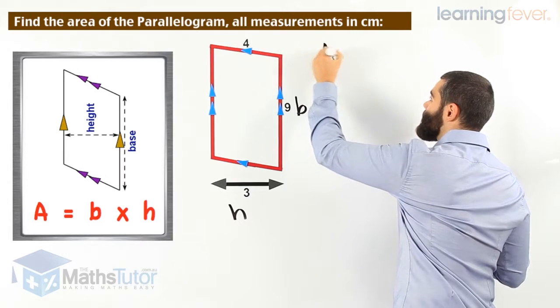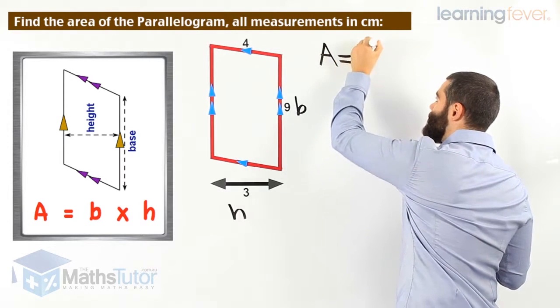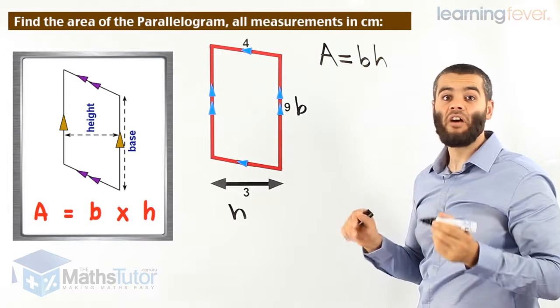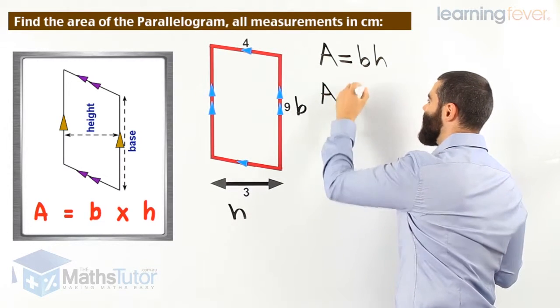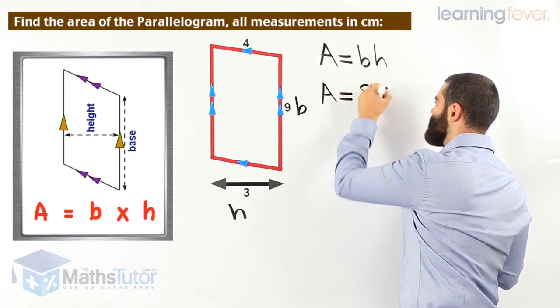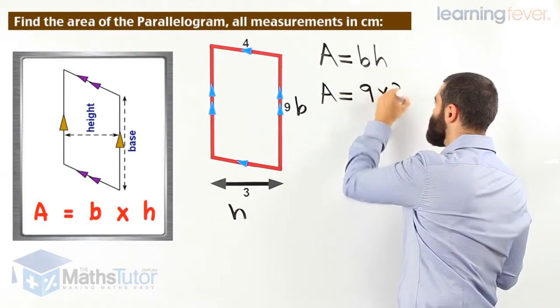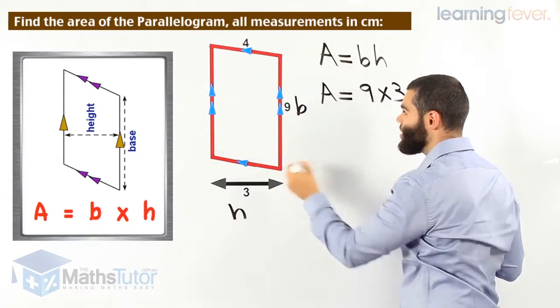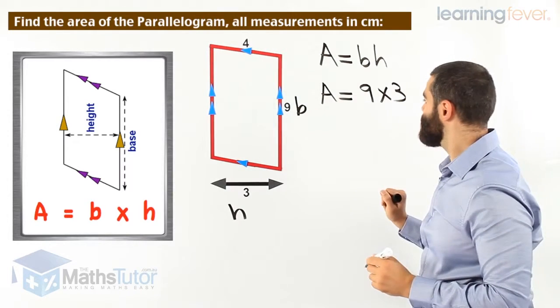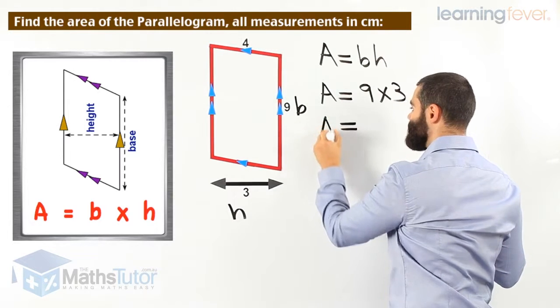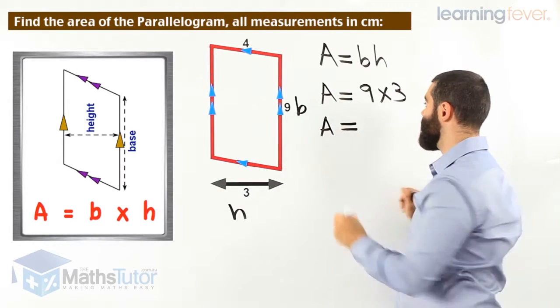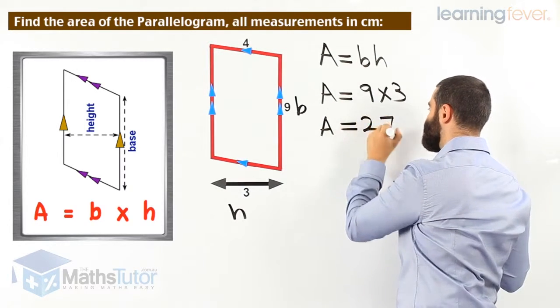A equals BH, base times height. A equals, the base is 9 times the height is 3, which is the vertical height meeting the 9, which is the base. The area of this parallelogram is 27.